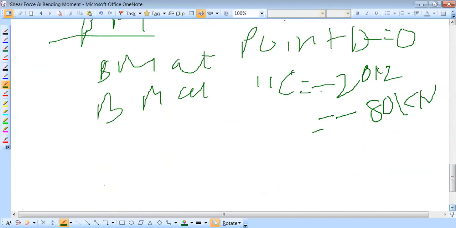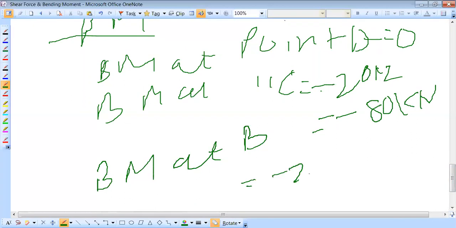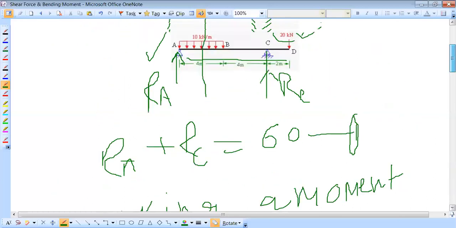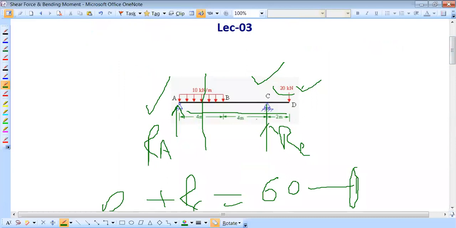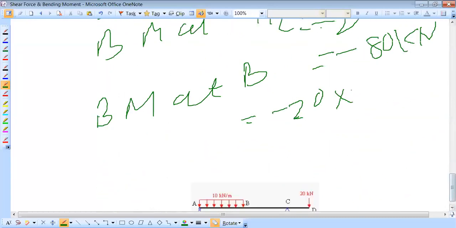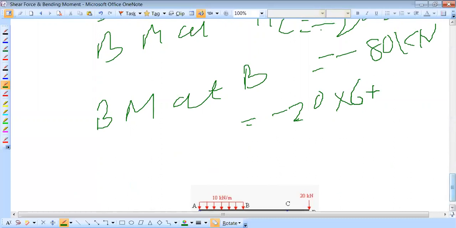Then BM at B. BM at B is equal to how much? So minus 20 into the distance. To find the BM at B, take the distance. This one is 4 to 6, so 6. Take the distance here, 6, plus RC.